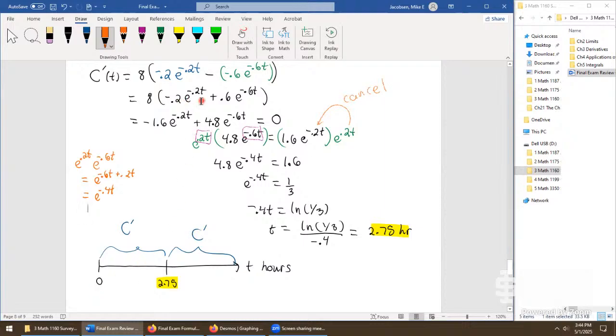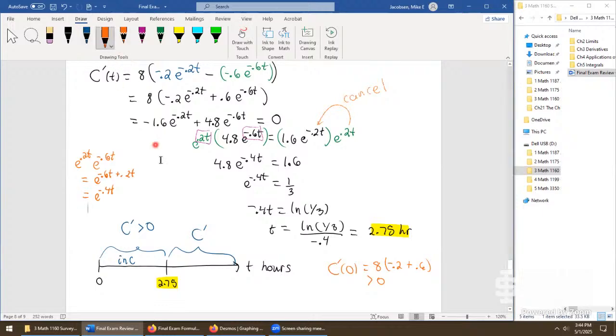And this to power 0, that would give us C prime at 0 is 8 times a negative 0.2, since e to the 0 is a 1, plus another 1 here, so that's a positive 0.6. It's positive right inside here, so greater than 0. And that would tell us the concentration of the antibiotic is increasing.